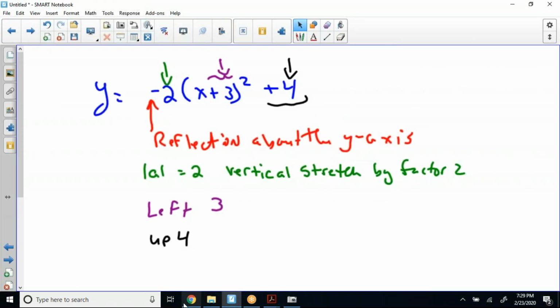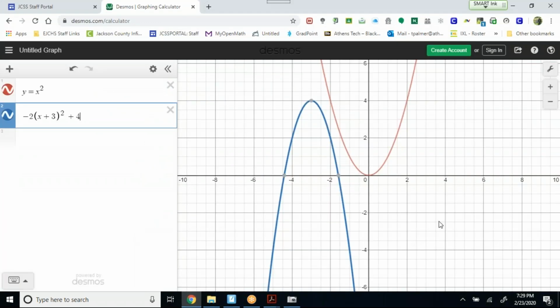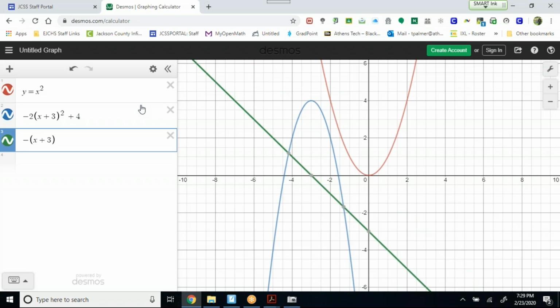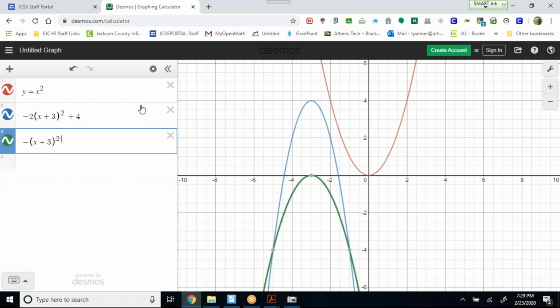Yeah. So you can kind of see, okay, it's being reflected. The vertex is being moved to the left 3 and up 4, right? And it's actually a little bit narrower. How do you know it's narrower? Then just do this: negative x plus 3 raised to the second plus 4, right?